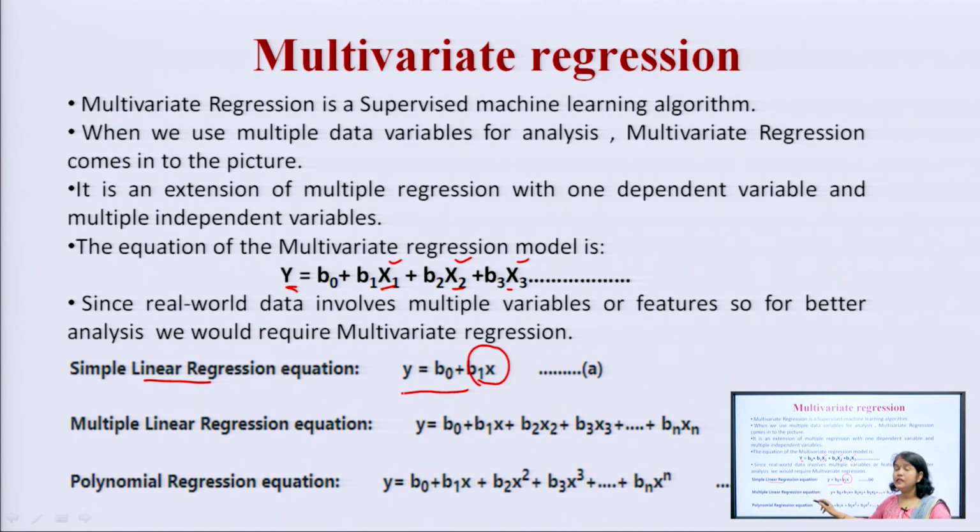So, what is multiple linear regression? When there are so many independent variables, you will take the decision, and there is only one dependent variable which you have to find out. So, one dependent variable has to be decided by several factors, several independent variables.